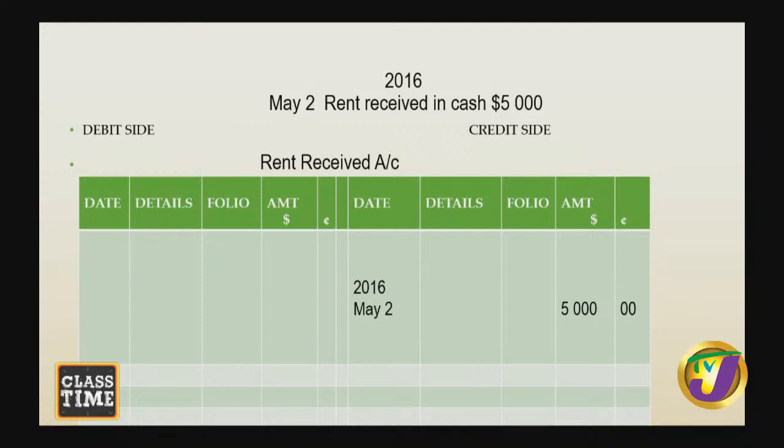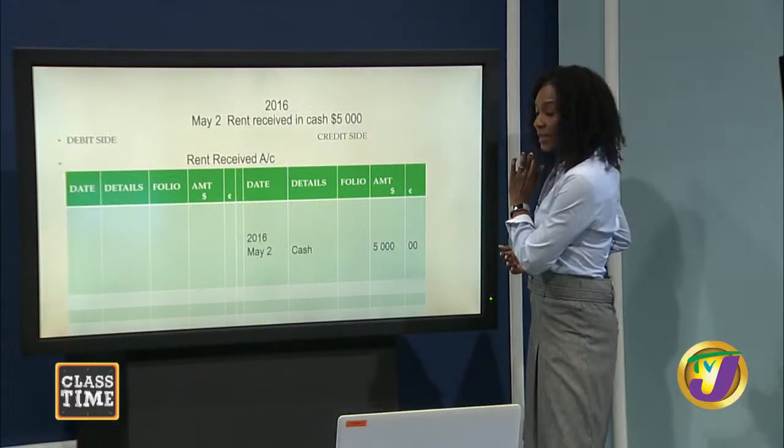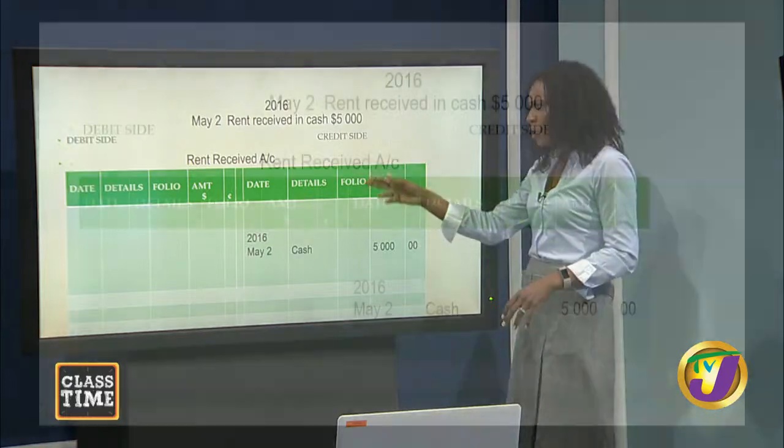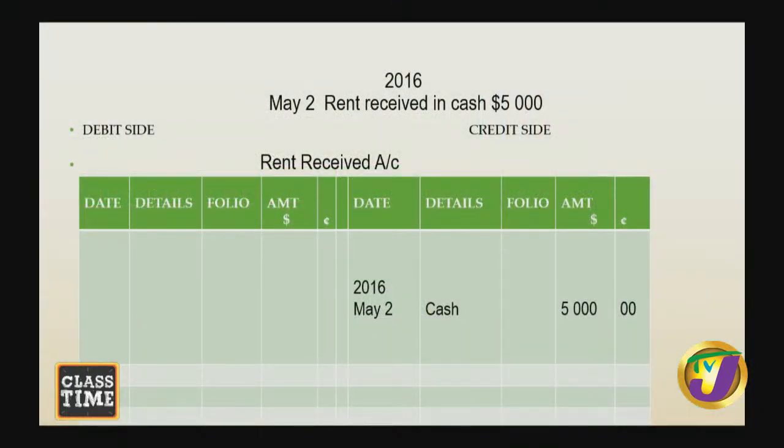Now, what's the name of the other item that was affected along with rent received? Yes, Kimaya again. Cash. So where will we record cash? Yes, Val? In the details section. So let's go. See it there? All right. Now, if you notice, folio is empty.